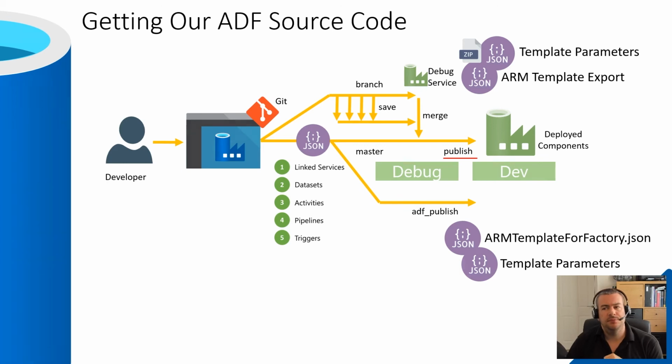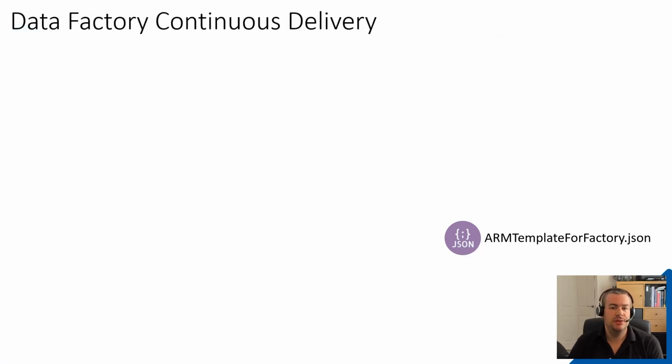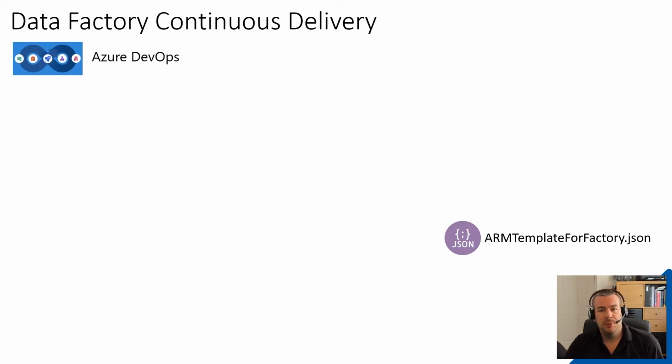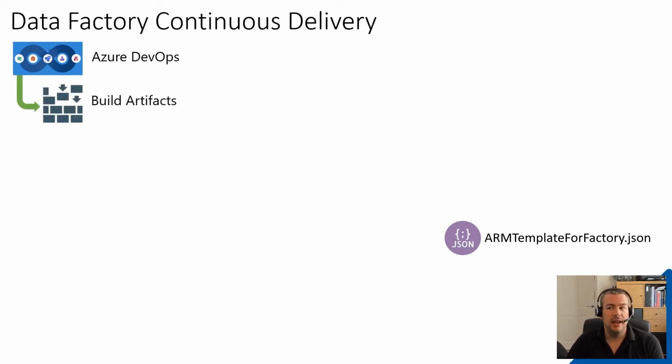So let's stick with it. Let's say we're going to use that ARM template for factory to deploy our data factory between our test and our prod environment. So now let's bring into the picture our tool Azure DevOps. And what we can do in there is maybe build our artifacts.